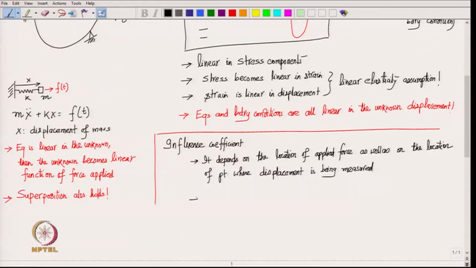All right. It also depends on the direction of the force applied. If you change the direction of the force, influence coefficient is also going to change. But it does not depend on the magnitude of force, because it has to be linear.